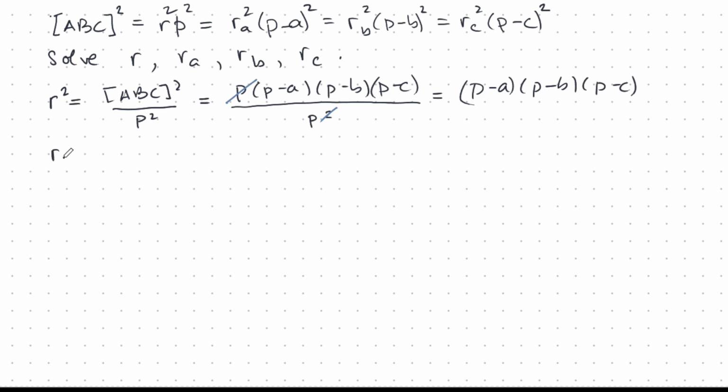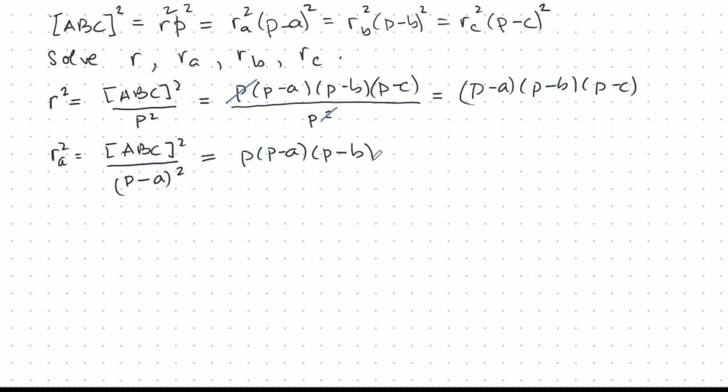So r_a squared, we'll apply the same concept. You'll see it's the same thing over and over again, but it's a very beautiful pattern that emerges that makes all this not really tedious at all, but actually quite interesting. Over p minus a squared, by Heron's formula this area squared on top has to be equal to this.